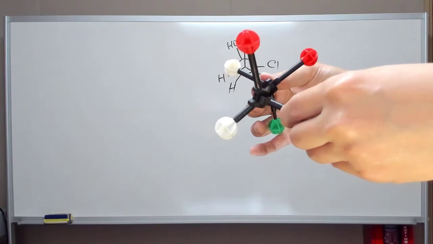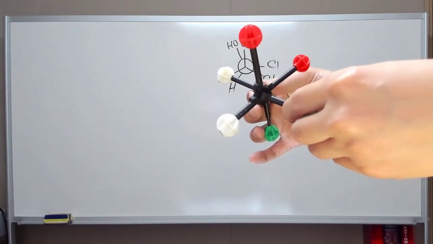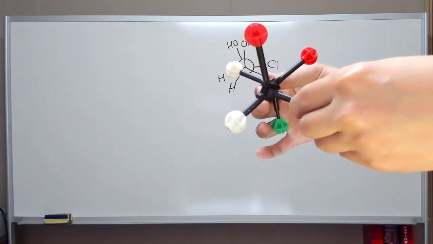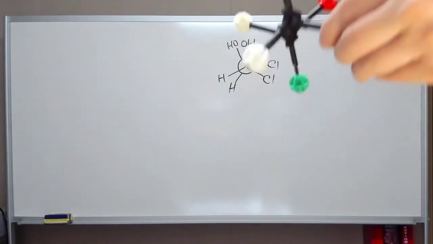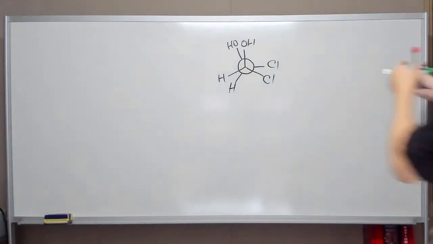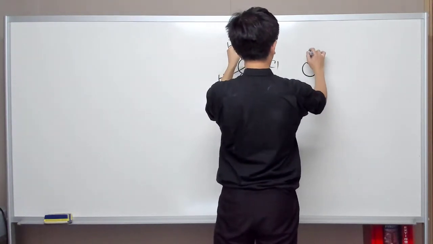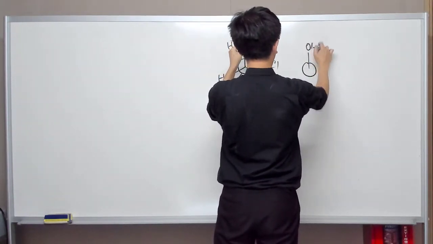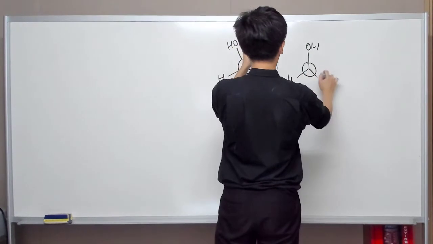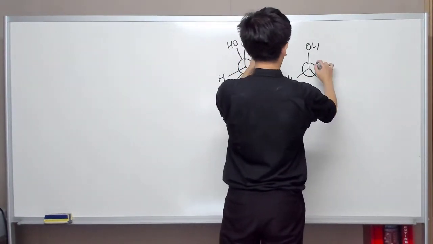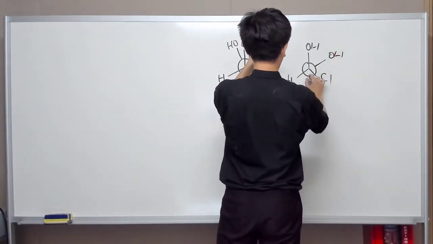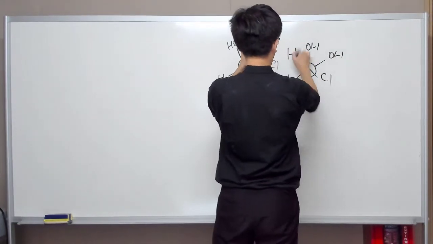So I'm going to get a staggered conformation. We're going to try to draw this to the right hand side. Again, when you ask the students to draw, it can be quite flexible. So it can look like this, and after that, the OH will be here, and then the Cl and the H.